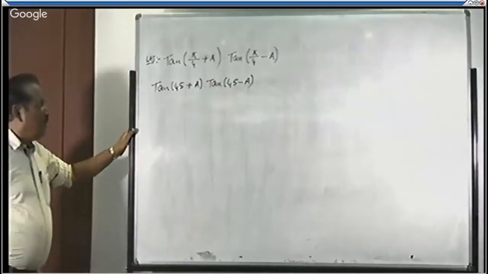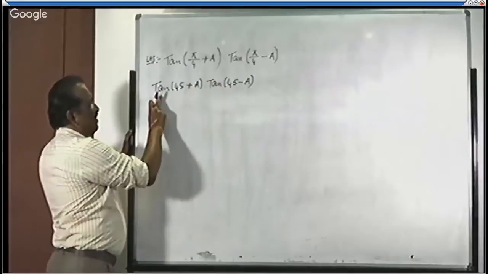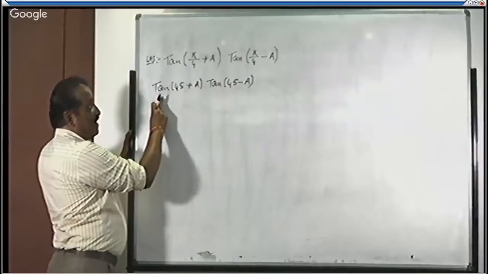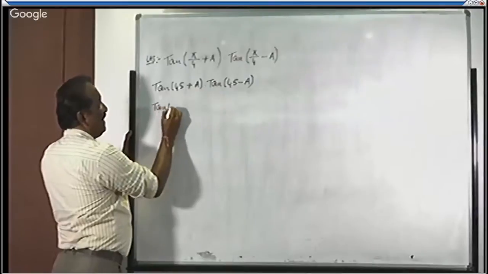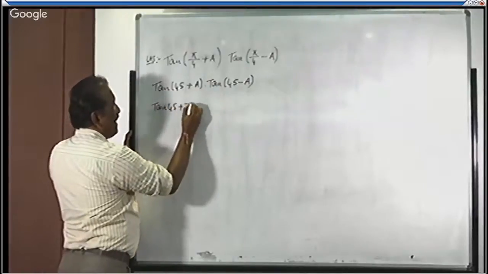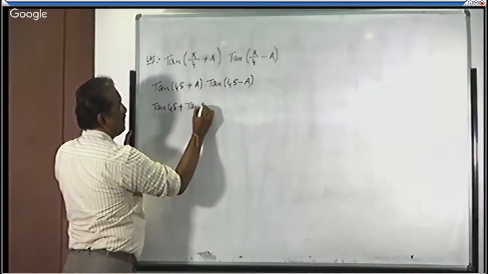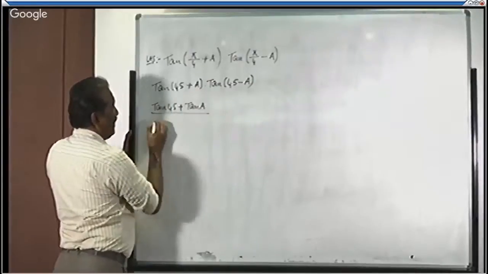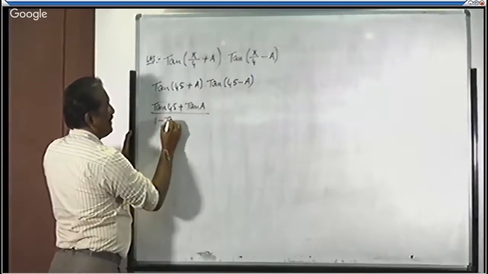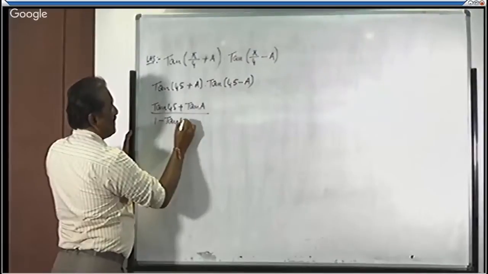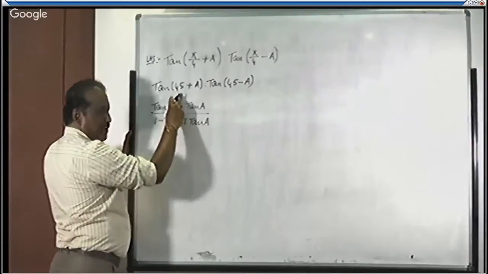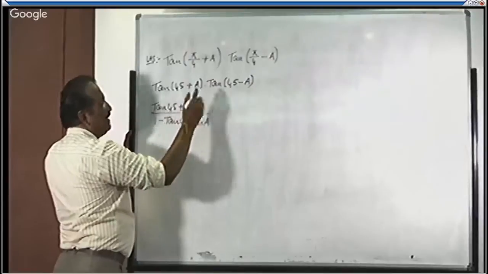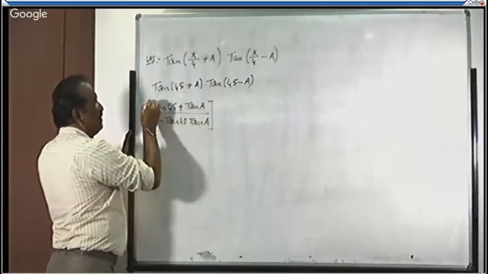Now recall the addition formula for tan: tan of a plus b is tan a plus tan b, whole divided by 1 minus tan a tan b. Don't forget, in the place of a there is 45 degrees, and in the place of b there is a.